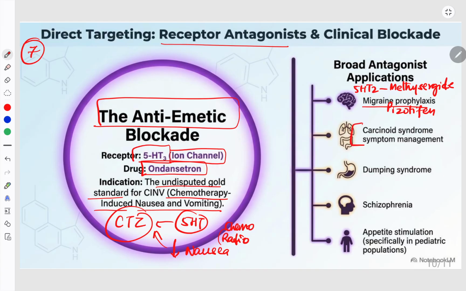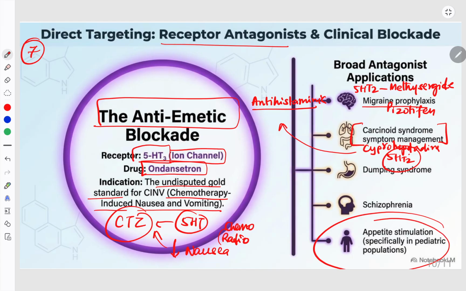Secondly, for the management of carcinoid syndrome, as it involves a lot of 5-HT release, the drug which is used is cyproheptadine, which is a 5-HT2 antagonist. Remember, cyproheptadine, in addition to being a 5-HT2 antagonist, is also an antihistaminic drug. And if you remember correctly, it is also used as an appetite stimulant, that we studied in the lecture on histamine, specifically in young children who suffer from anorexia.